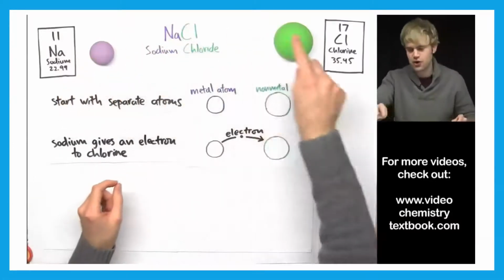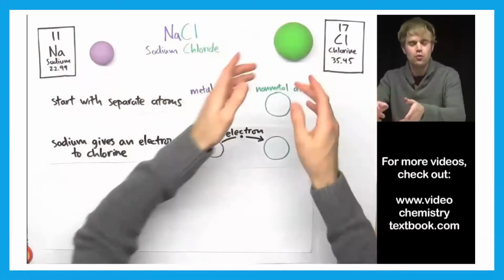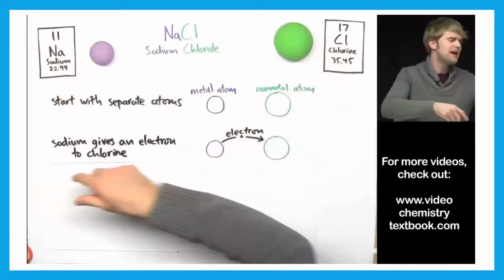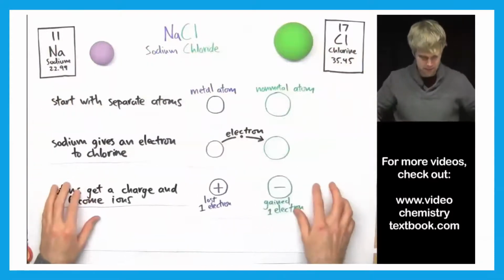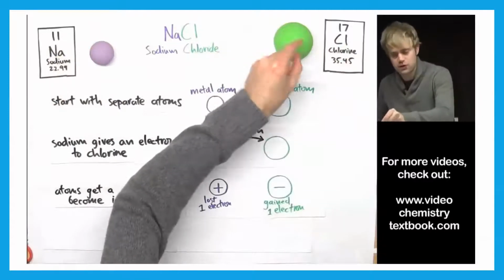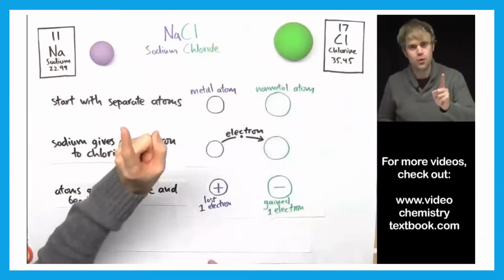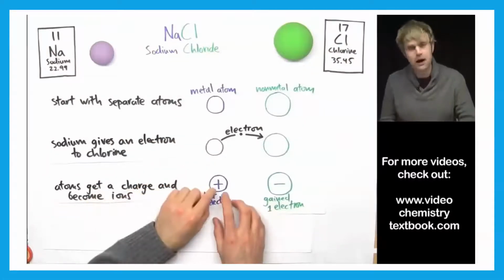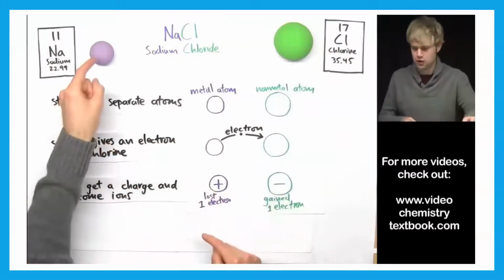Now this electron moving will change the charges of these two atoms. That's what happens in the next step. Sodium gives away one of its electrons to the chlorine, so it loses one electron. It has one fewer electron, and that's going to give it a positive charge because it lost an electron.